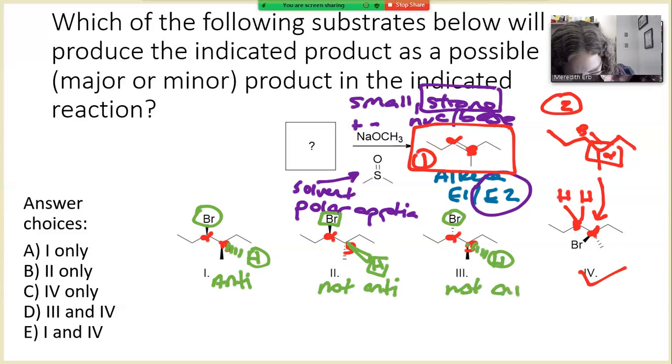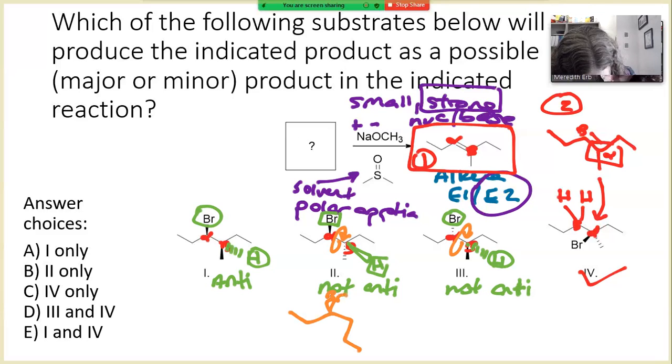Not anti. They're on the same face because they're both dashed. So in the two cases where we have not anti, that means that this alpha beta bond would have to be rotated in order for us to get that hydrogen to be in the anti position. And this is the key to answering this question. If those bonds had to be rotated, then the product that we would make would look like this.